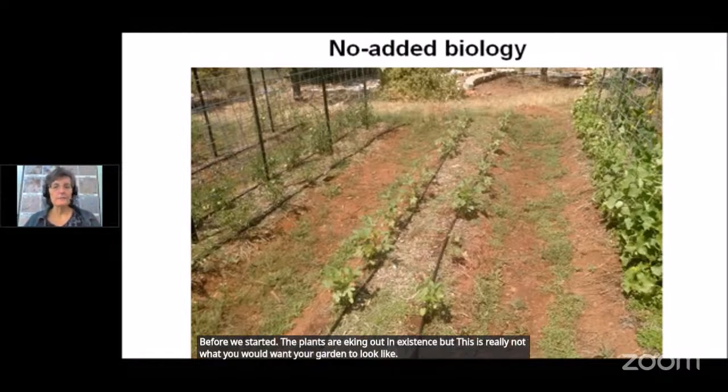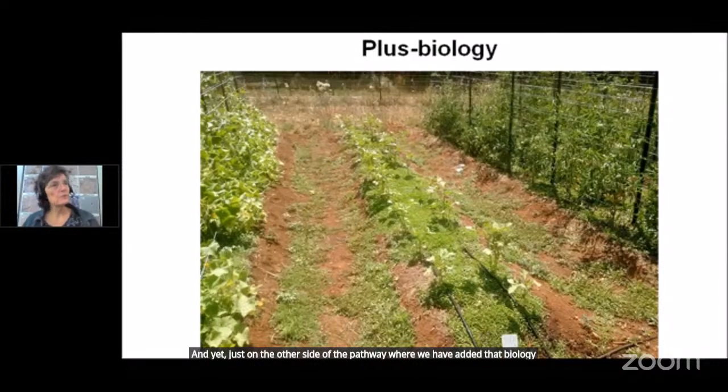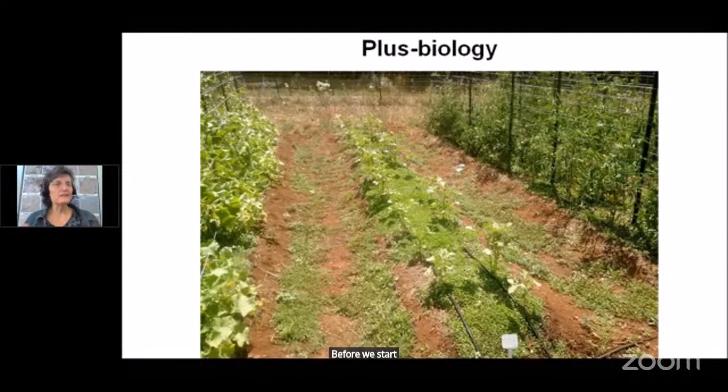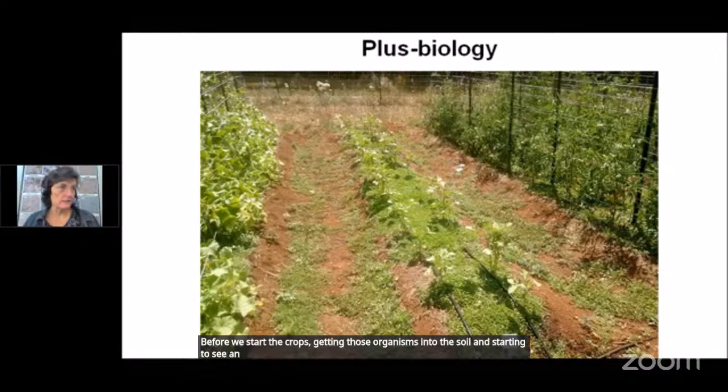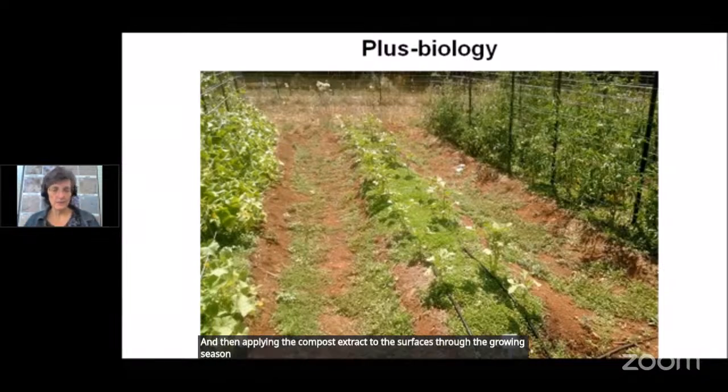And yet, just on the other side of the pathway where we have added that biology through putting the compost, tilling down to 2.5 feet before we start the crops, getting those organisms into the soil and starting to see an improvement in the biology in that soil, and then applying the compost extract to the surfaces through the growing season. I believe we applied them 3 times through the growing season.